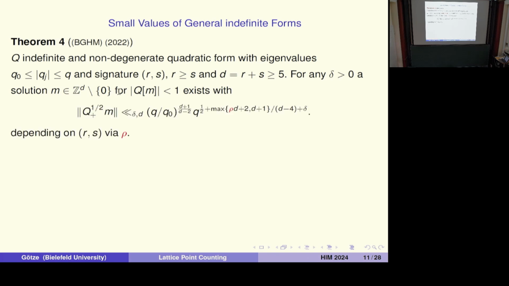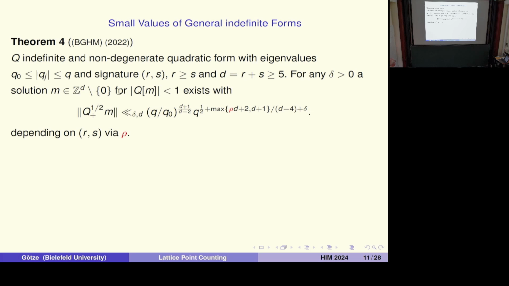Good. Now, what is the application? Why is one interested in this in number theory? The classical question is, we have an indefinite form with signature (r,s), and is there a solution of the inequality absolute value of the indefinite form smaller than 1?